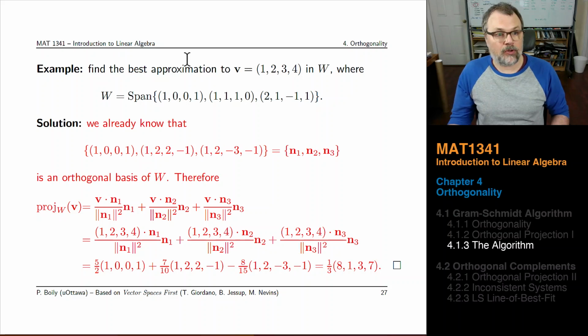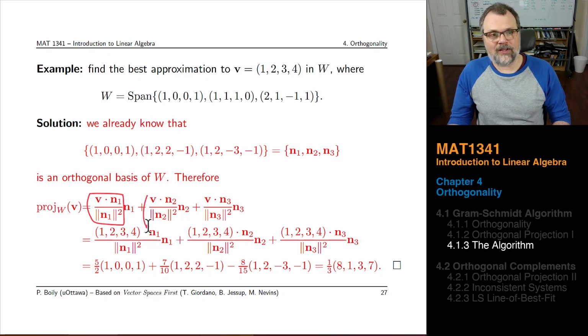So I need to compute the projection of V on W, which according to the formula that uses the Fourier coefficients, is going to be V dot N1 divided by the square of the length of N1. That's a real number. You multiply that by the vector N1. And then you add to that V dot N2 divided by the square of the length of N2. Again, a real number multiplied by N2.